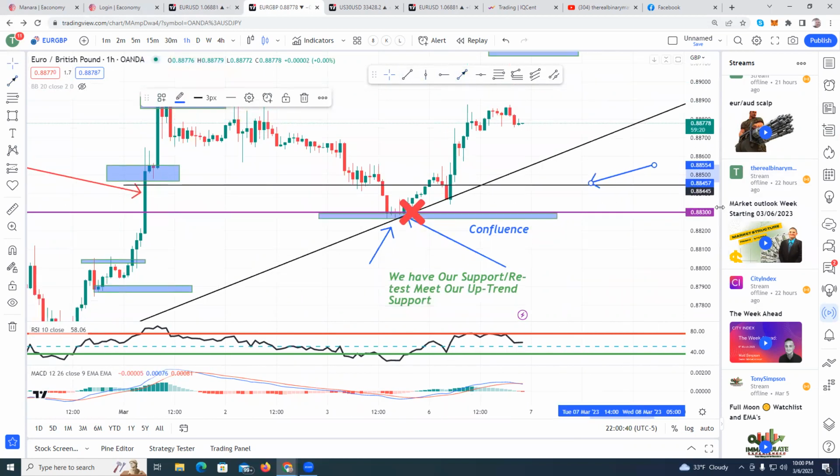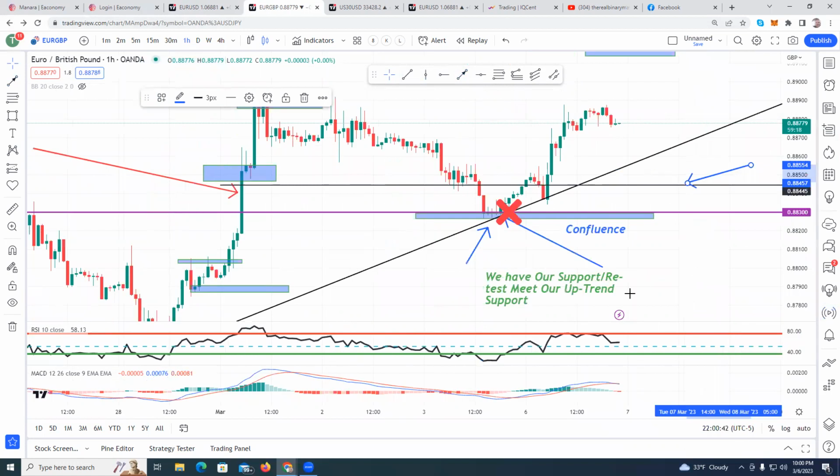And I'm going to show you why we got in there. Because we just looked at the hour time frame and seen the clear break and retest.